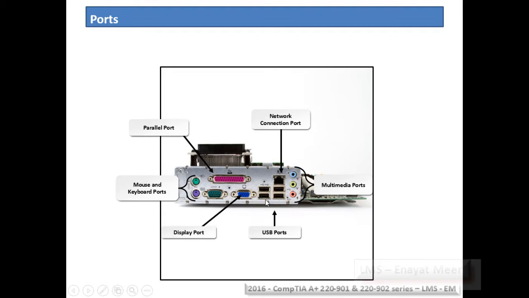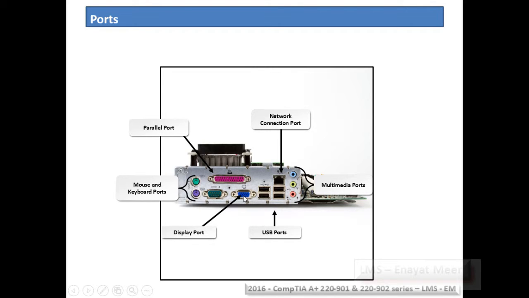And from left to right, you have the mouse and keyboard ports. These are mini DIN. Then you have a serial port. It's called DB9, D as in David, B as in boy, 9 pins, male serial port. And you have this video port, display port.